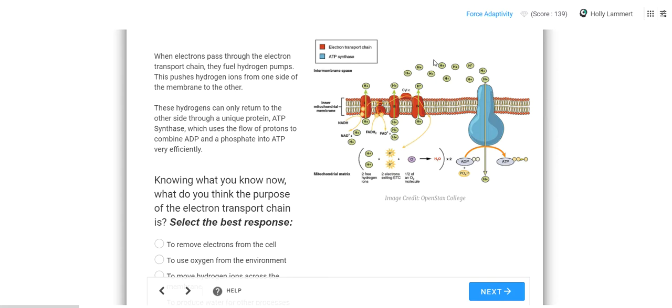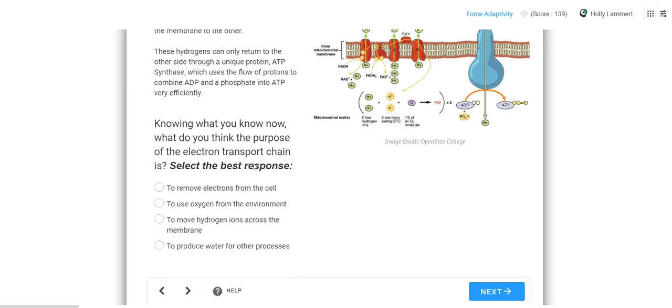That's why water moves downhill. Same thing with this: lots of hydrogen ions moving downhill, from high potential to low potential. All right, what do you think then the purpose of the electron transport chain is? It is to move hydrogen ions across the membrane.